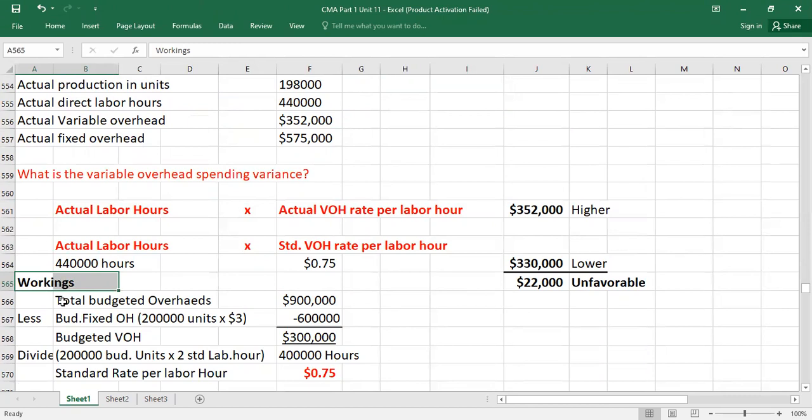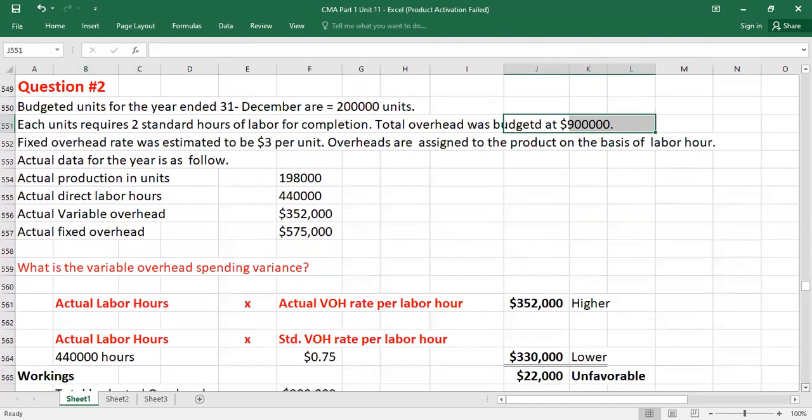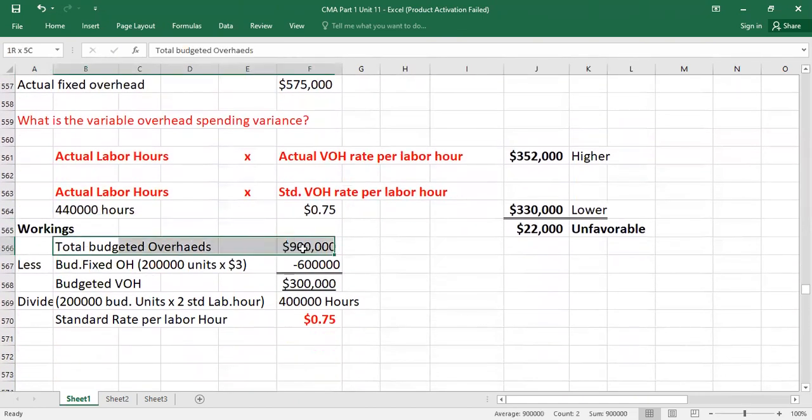First, you are provided with the total budgeted overhead data, which is $900,000. We will take this total overhead. From the total overhead, if I subtract the budgeted fixed overhead, I can reach the budgeted variable overhead. How can you calculate the budgeted fixed overhead?